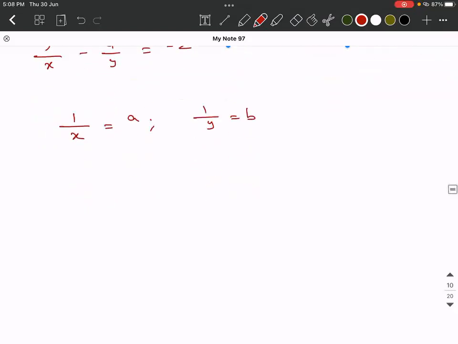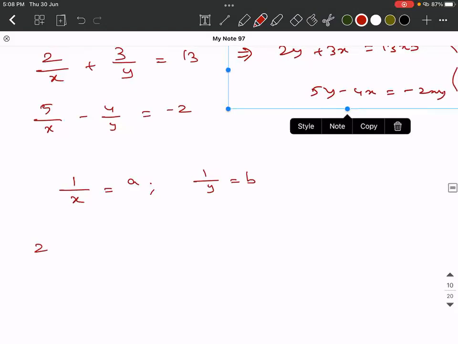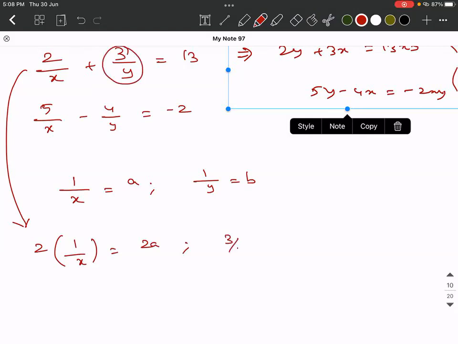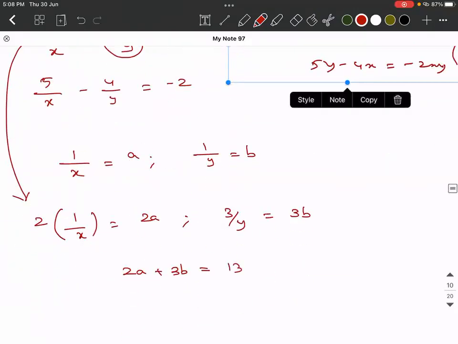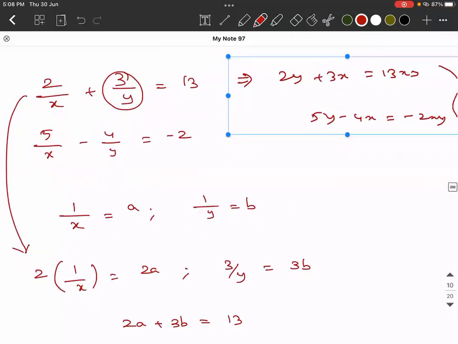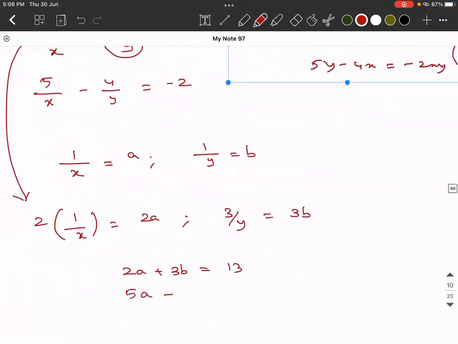When you do that, you get 2 into 1 by x, which is 2a, and 3 into 1 by y, which is nothing but 3b. So you get 2a plus 3b is equal to 13. And similarly, for the second one, you get 5a minus 4b is equal to minus 2. Now, are they not linear equations in two variables? Now you can solve in whichever method you are comfortable with.